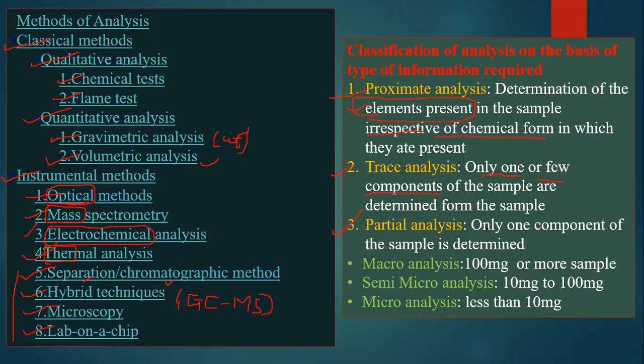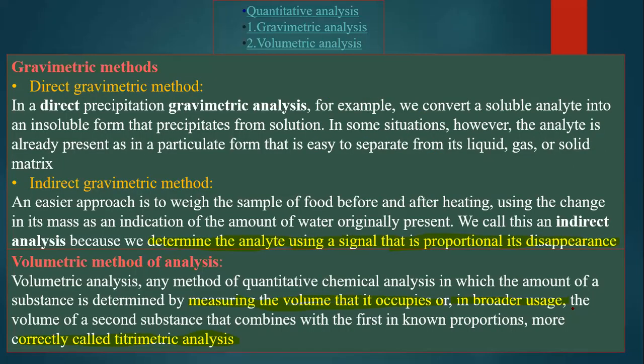Then partial analysis, where only one component is studied. Again, we have studied what a macro is: if you take more than 100 milligram of substance for the analysis, it is called macro. In semi-micro, you take between 10 milligram to 100 milligram. And if you take less than 10 milligram, it comes under micro analysis.